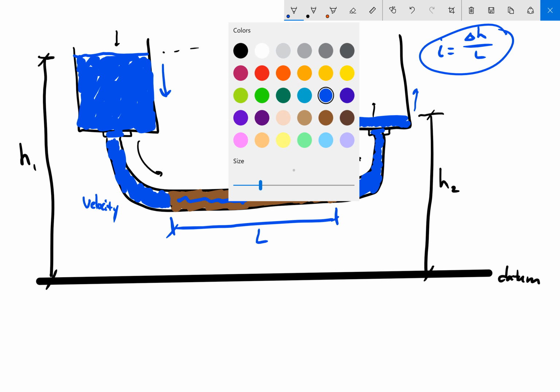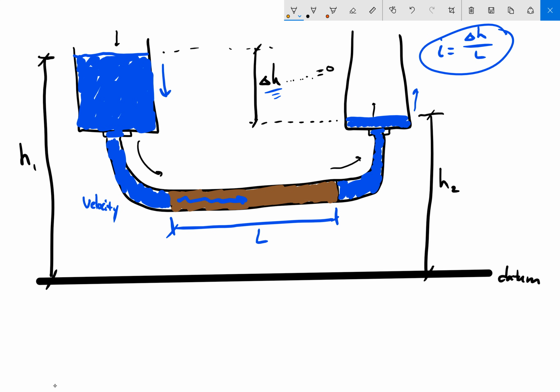Let's get a different color here. One because I'm colorblind, it's got to be one that I can see. Is the flow through this portion of the pipe the same as the flow through this portion of the pipe if we have steady state seepage? Well, yeah, it would have to be. The flow in has to equal flow out.